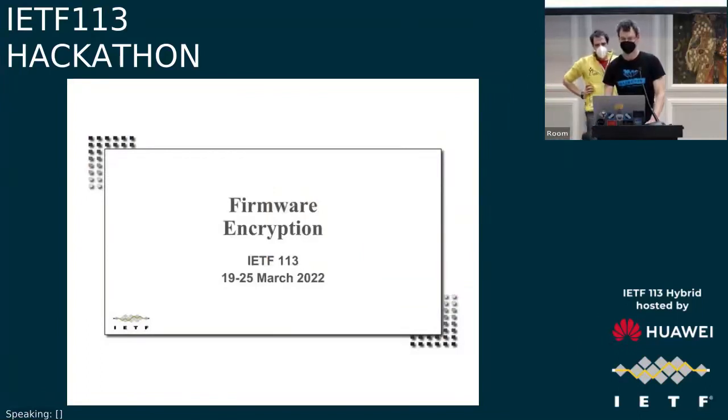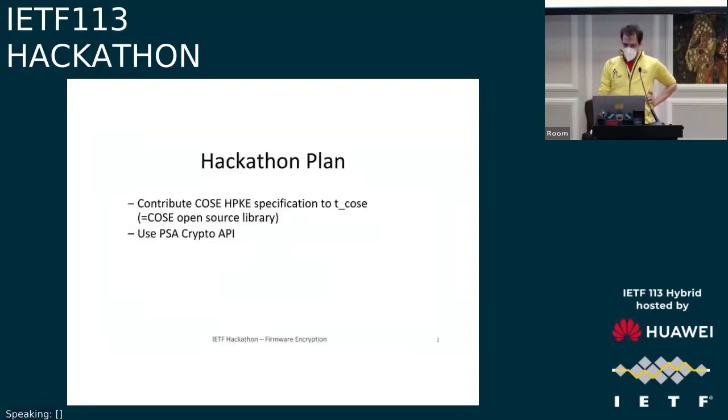Hi everyone. That's a one-person project. Previously, we were a bunch of folks, but due to travel restrictions and so on, it's just me here this time. I was working on firmware encryption, which is related to the SUIT working group and uses specifically the new COSE work.